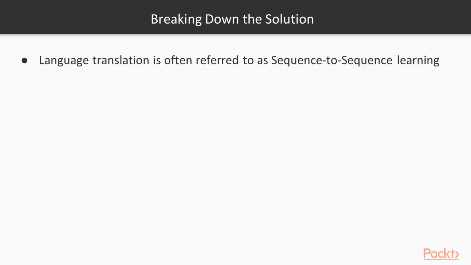One of the first things that you have to realize is what kind of problem language translation is really, from the point of view of deep learning and machine learning in general. We often refer to this kind of problem as sequence-to-sequence learning. This is because we are trying to translate one sequence from one domain, one language, to the other domain, the other language.